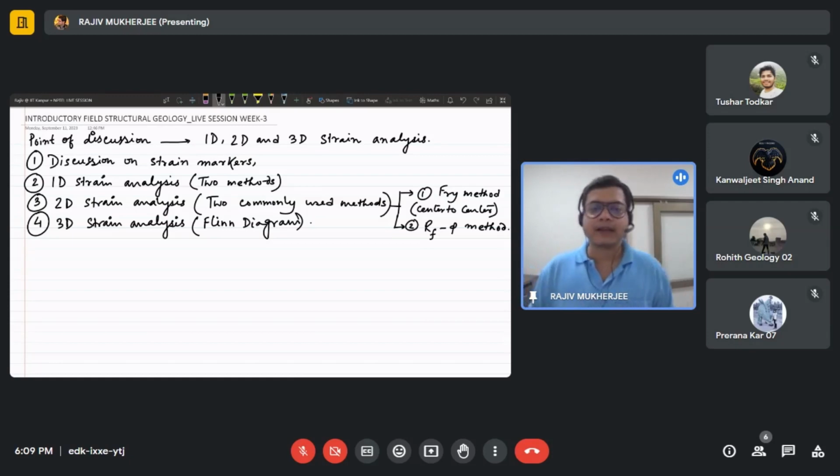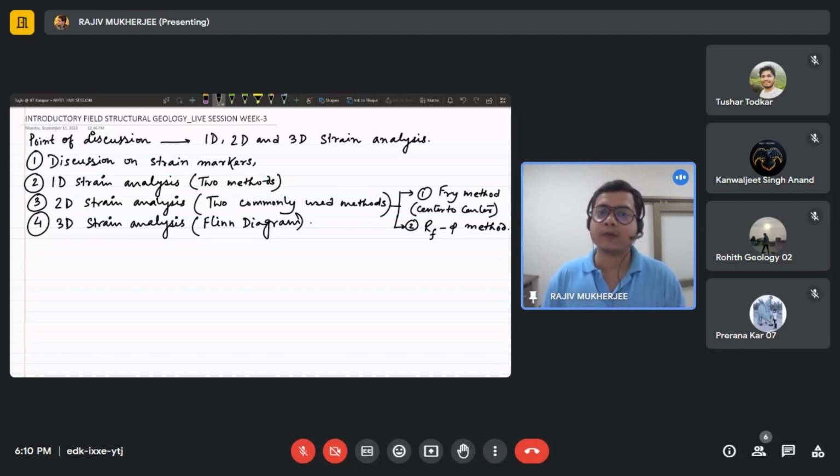In that case, we will have a very large amount of strain accommodated through that kind of material. This is known as strain partitioning, and it is essentially important while we study different microstructures, and from that we identify the rheology of different mineral phases, say for example quartz or K feldspar or plagioclase feldspar. These are the common constituents of the rocks we commonly encounter, whether igneous, sedimentary or even metamorphic. In all of these rocks we see distinct strain partitioning and strain localization.